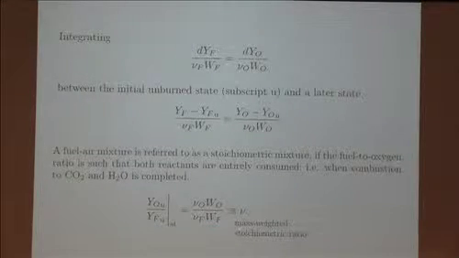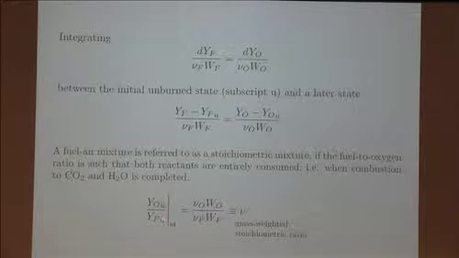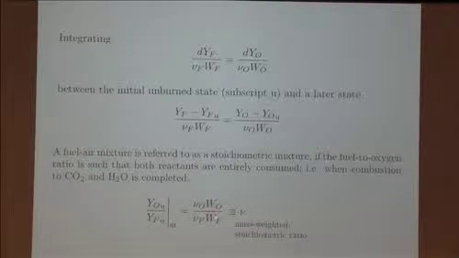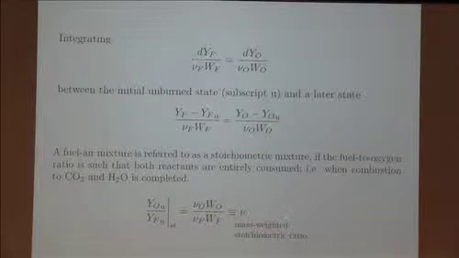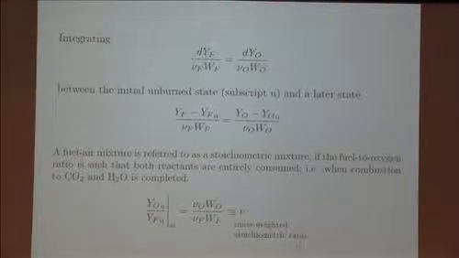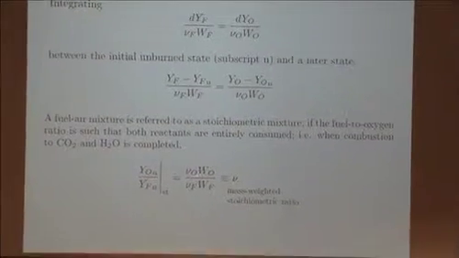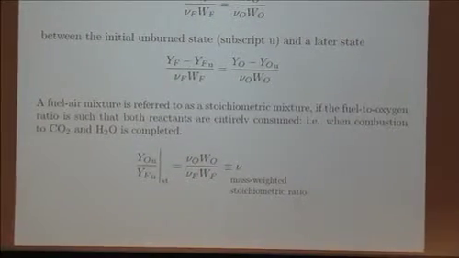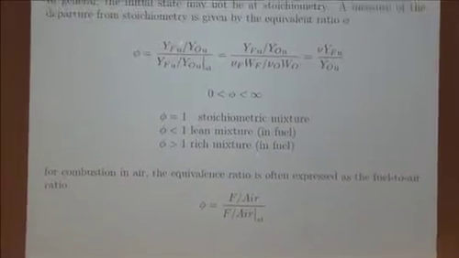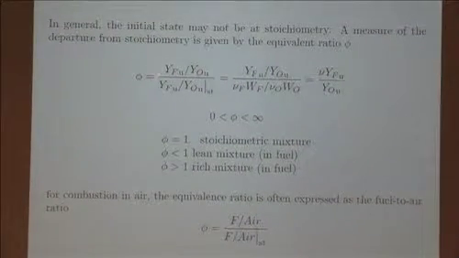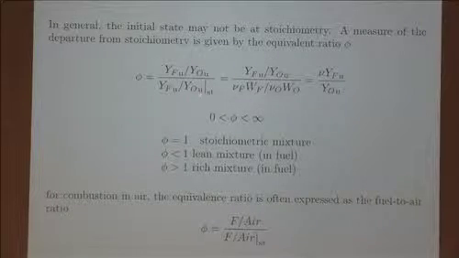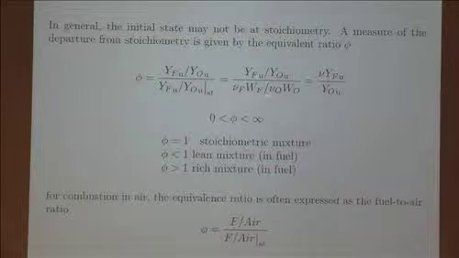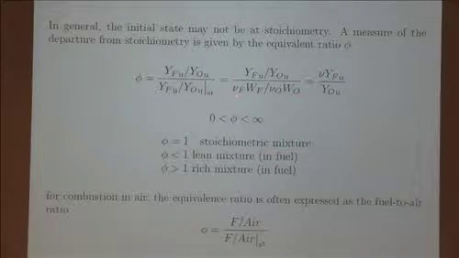And this is the fuel to oxidizer ratio at stoichiometric condition, which is essentially the mass-weighted stoichiometric ratio of the fuel to the oxidizer. And now we define an equivalence ratio: given a certain mixture, the ratio of the fuel to oxidizer divided by the same ratio at stoichiometry, which from the previous slide is equal to this.